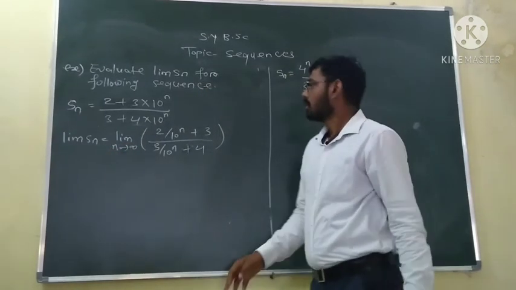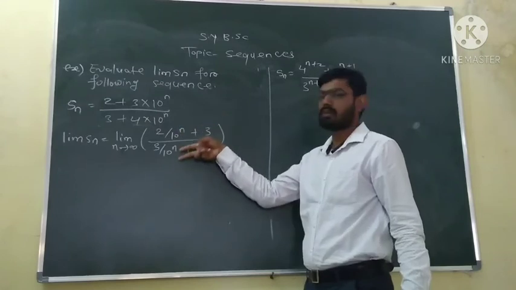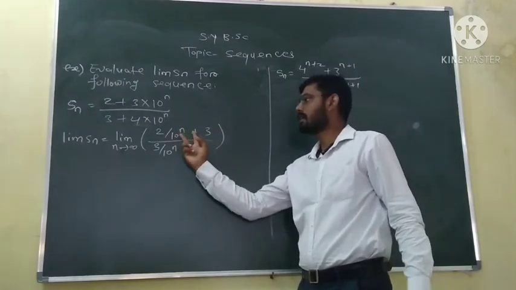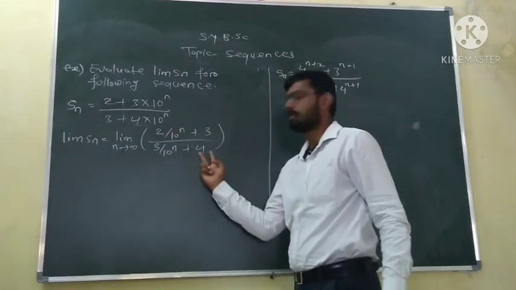Now we will separate the limits. So limit xn upon yn is limit of xn upon limit of yn, and again there is separation in this plus. So limit of this plus limit of this, limit of this plus limit of this.